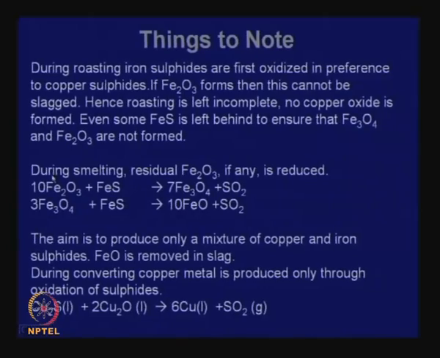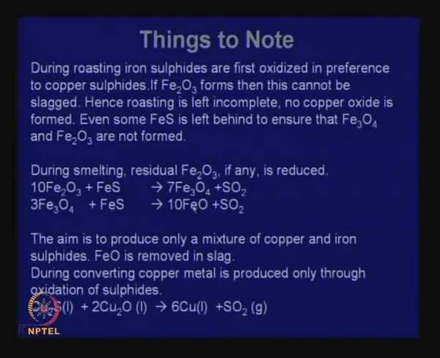Now, during smelting, subsequently, if supposing by somehow Fe2O3 forms, then in the subsequent step, the residual FeS that we have will reduce Fe2O3 and Fe3O4 to the lower FeO state, and that will be slagged off.